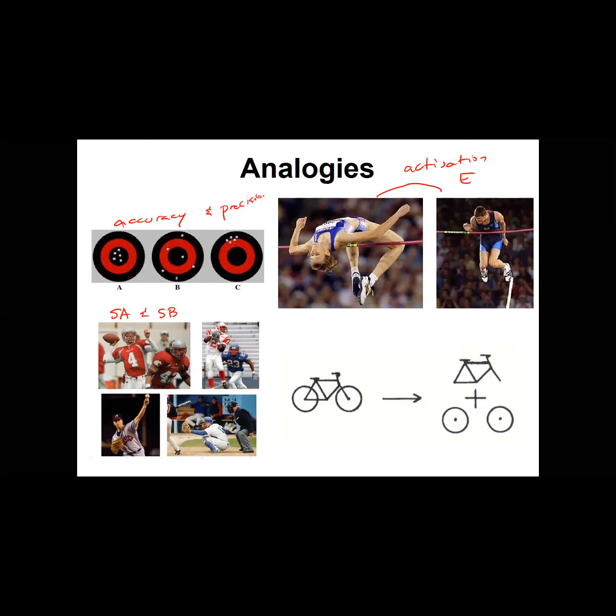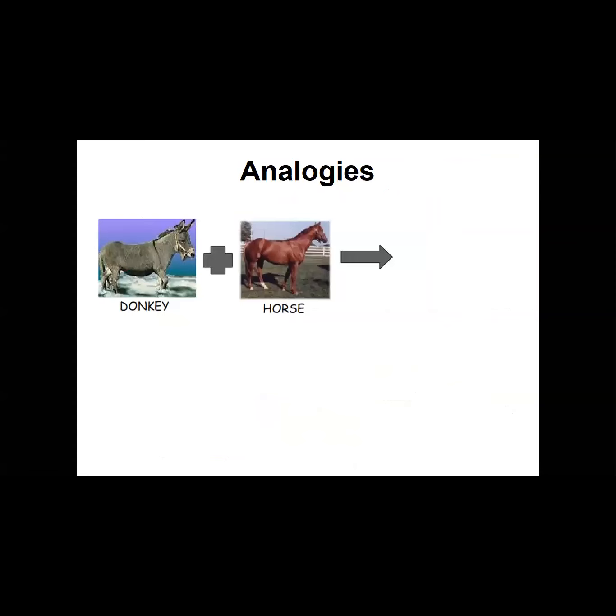A base is the one that accepts hydrogen. Okay, so how good you are as a pitcher or a quarterback is how efficient you are in delivering the ball to the receiver, just like a strong acid. Now, this one has something to do with the limiting reactant and excess reactant concept.